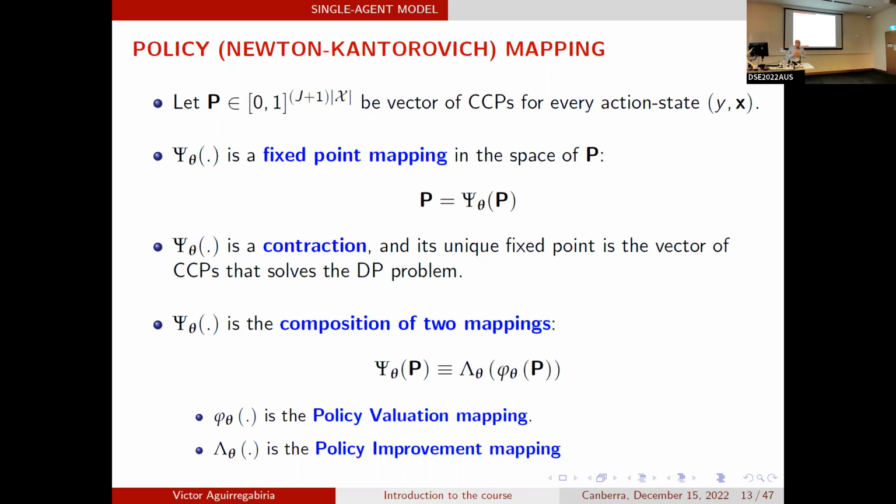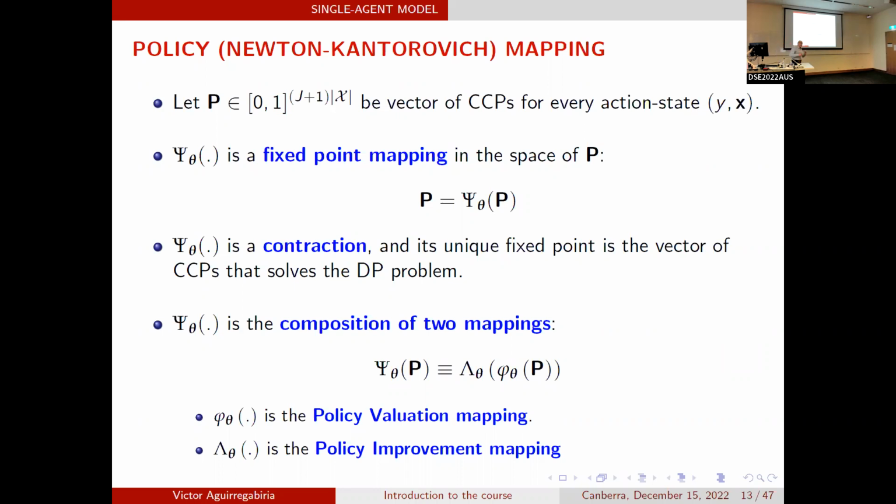It's a mapping that basically tells us, if the agent behaves now and forever in the future according to this vector of choice probabilities, what is the vector of values for each possible state? That is the policy evaluation mapping. And the other mapping is the policy improvement mapping.